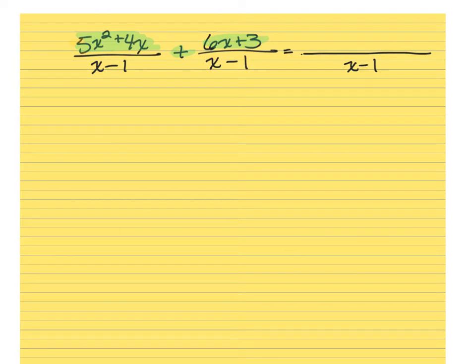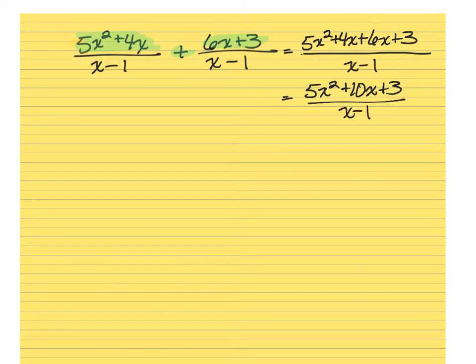Once they have a common denominator, you're good to go. So it's 5x squared plus 4x plus 6x plus 3, and then of course you'll combine those things: 5x squared plus 10x plus 3 over x minus 1. So if it's a common denominator, you just add the tops.